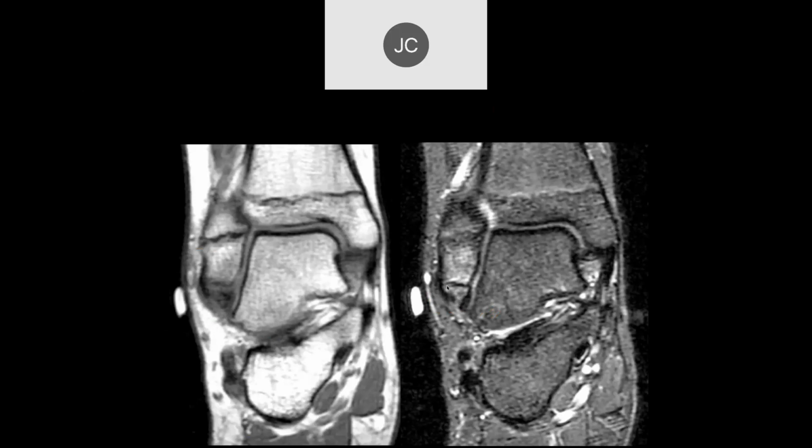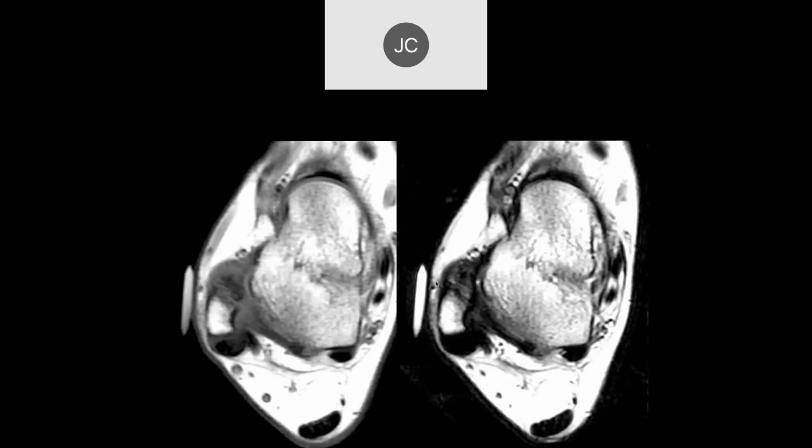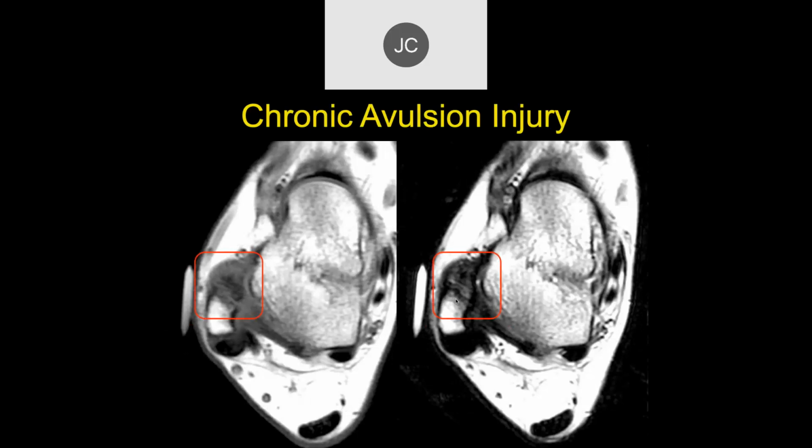So this is a chronic fracture, and at this point, depending on how old it is, it could be a non-union or just a fibrous union between the fracture fragment and the base of the lateral malleolus.